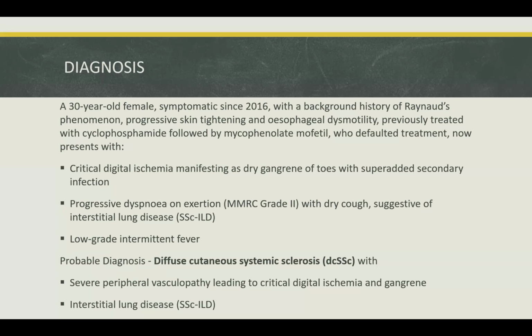15 days back, ma'am. Okay, but what was the indication for rituximab in her? Ma'am, for ILD and significant skin involvement with ILD also. But it's been 9 years since disease onset. Do you think rituximab will help? Ma'am, she was not taking treatment for anything, and her disease was progressive.